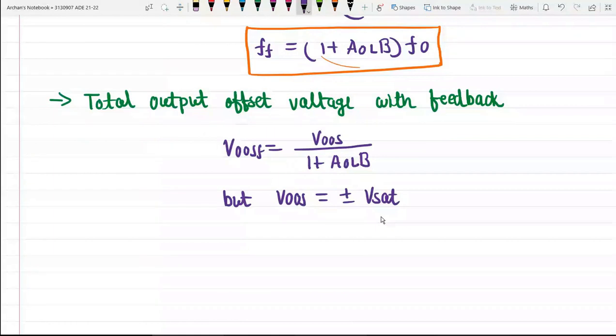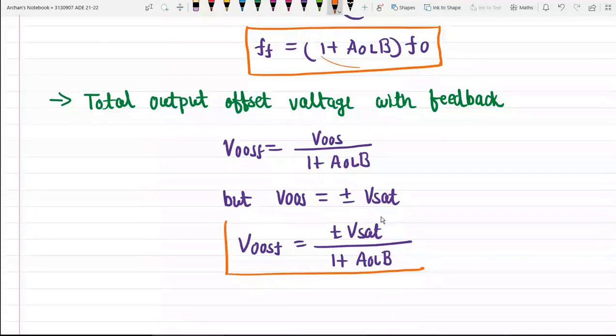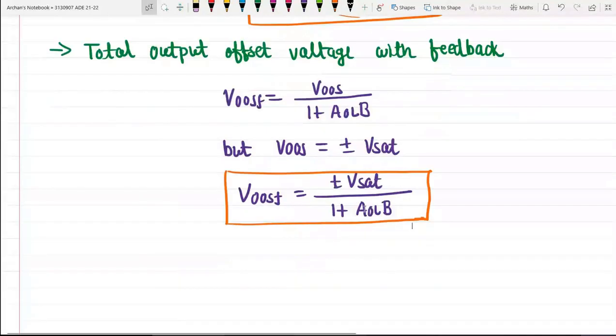So ultimately the output offset voltage with feedback is nothing but plus or minus saturation voltage divided by 1 plus AOL times B. So this is the total output offset voltage with feedback. Here AOL represents open loop gain and B represents feedback part gain, which is equal to R1 upon R1 plus RF. Okay, so this is what we get.